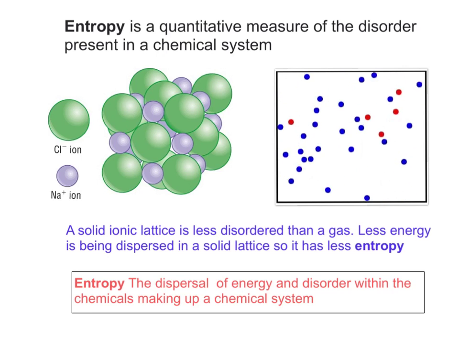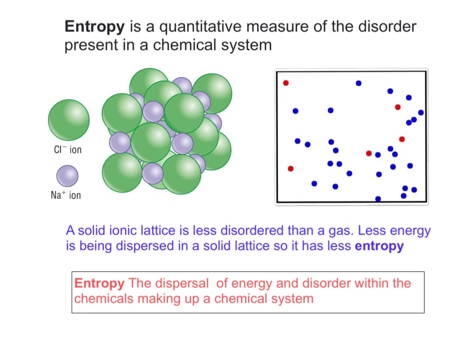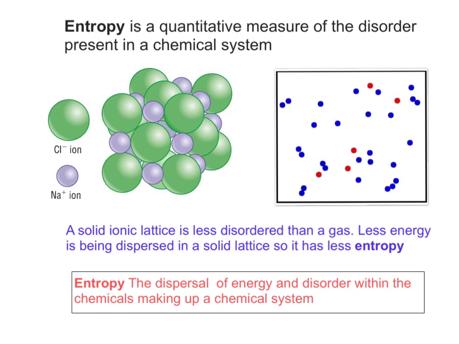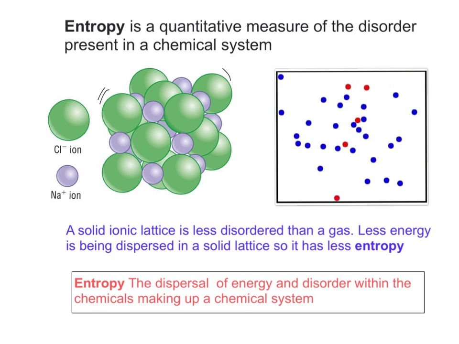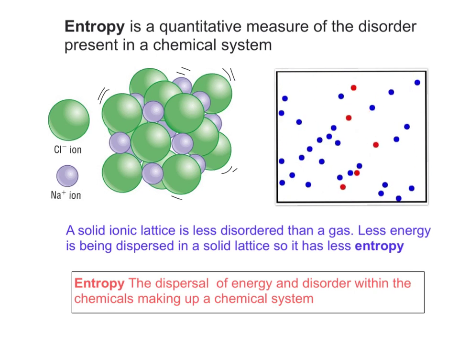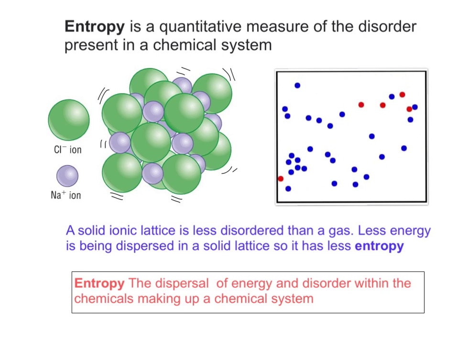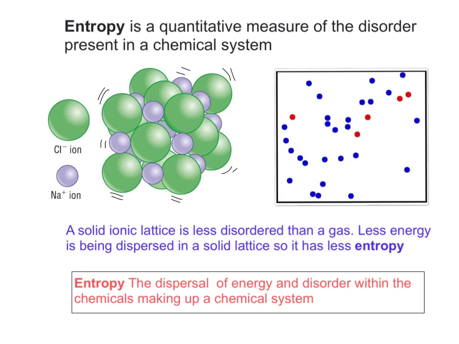So if we compare, for example, a solid ionic lattice with a gas, obviously the ionic lattice will be moving slightly, so there'll be some slight vibration going on within the lattice, but it's much more fixed in position and the ions are not moving anywhere independently of each other.